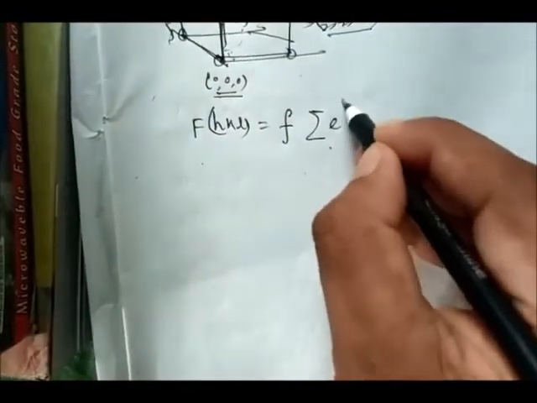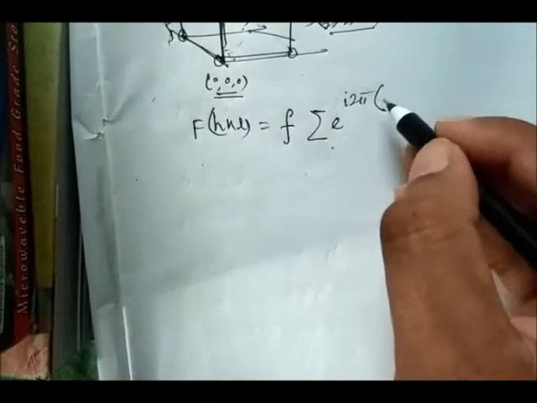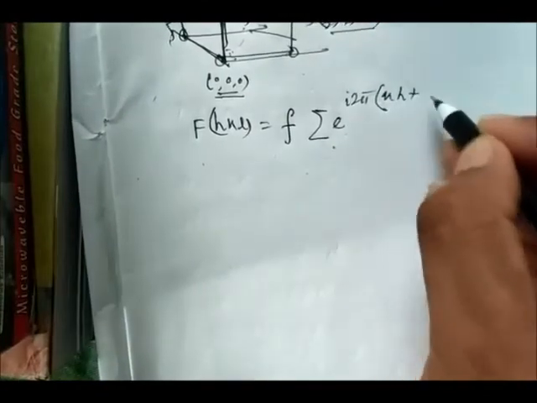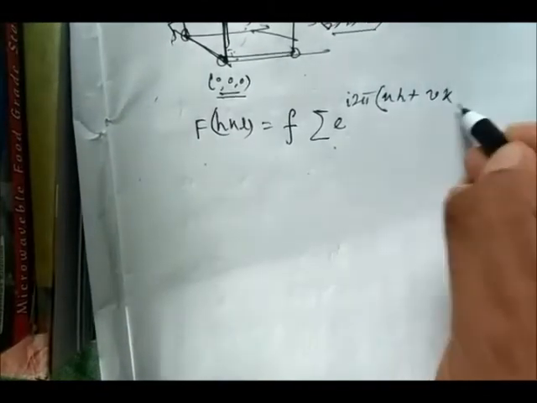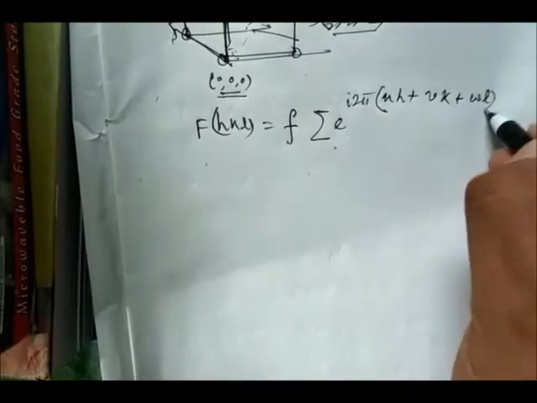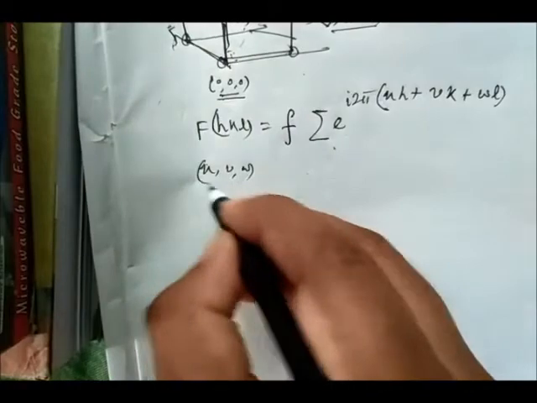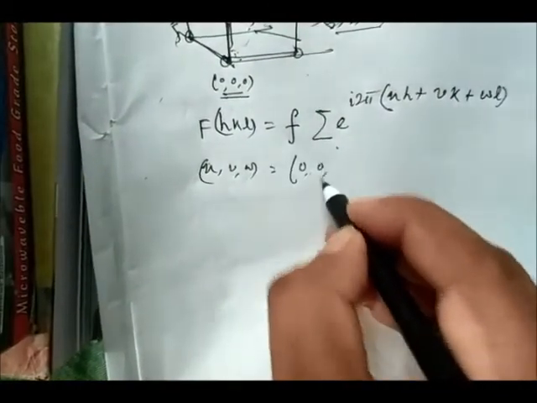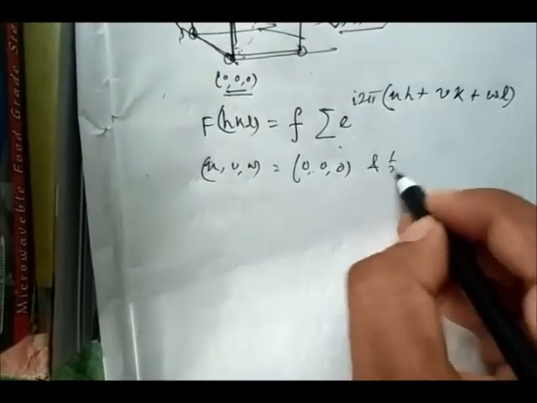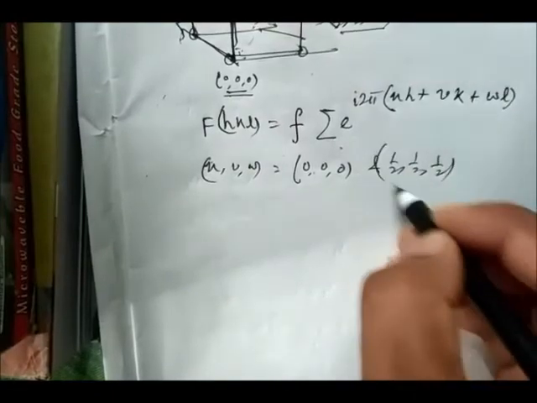Now sum over e to the power i twice pi (uh plus vk plus wl). Now u v w should be 0 0 0 and half half half.